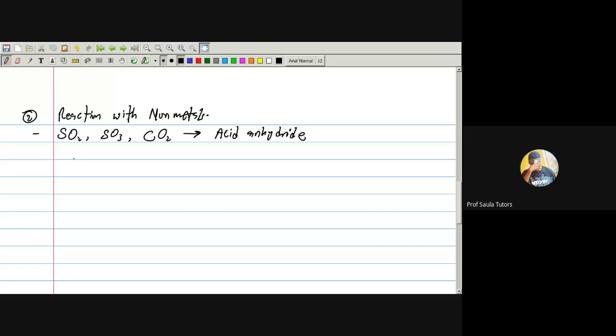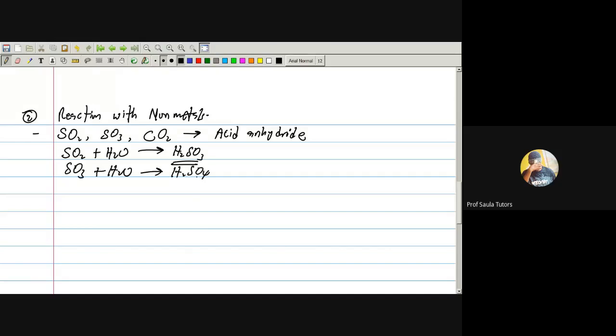Look at it. If I have SO2 plus H2O, that gives me H2SO3. This is an acid. You can see how they react. Good. Look at this one: SO3 plus H2O. What do I have? I have H2SO4.